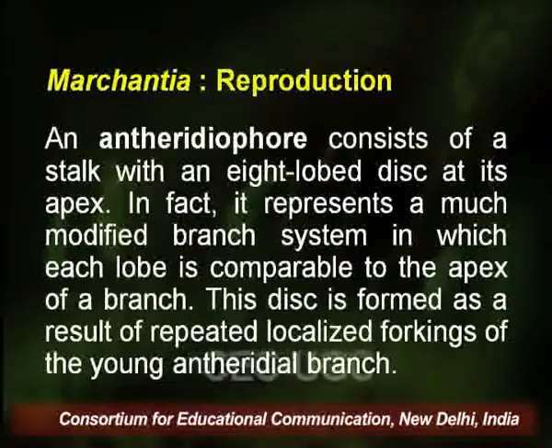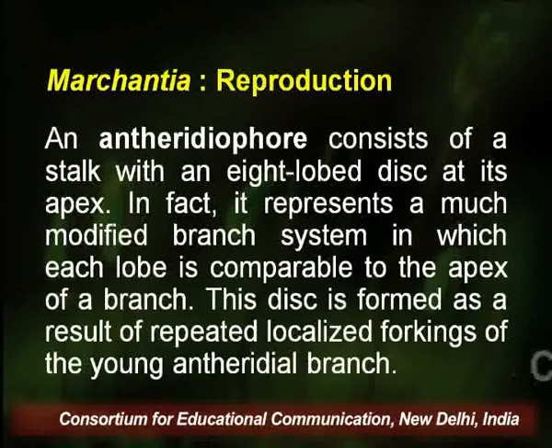These erect sexual branches are continuous with the thallus and grow vertically upwards through the notches at the end of the prostrate branch. An antheridiophore consists of a stalk with an 8-lobed disc at its apex.